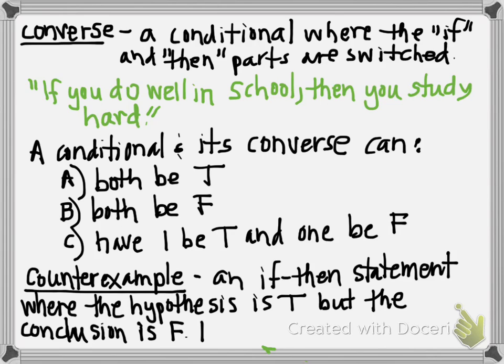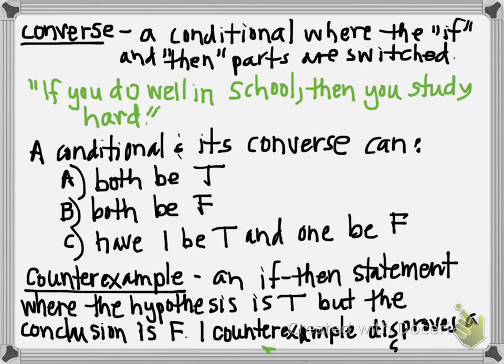One counterexample disproves a statement. So in other words, all you have to do is find one conclusion that doesn't go with the hypothesis, and that's all. Now you can just say that this is a false conditional. Okay, so you only need one.